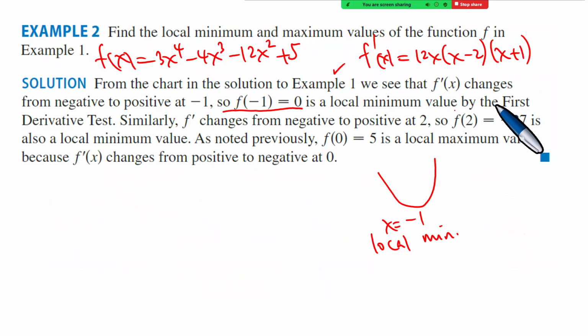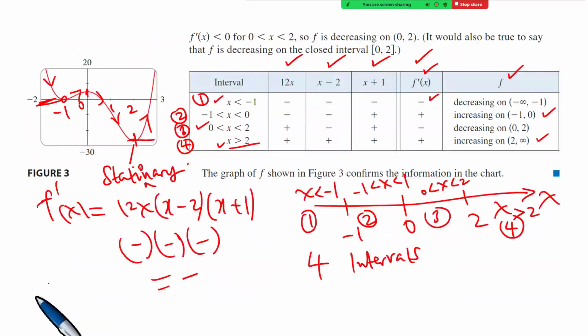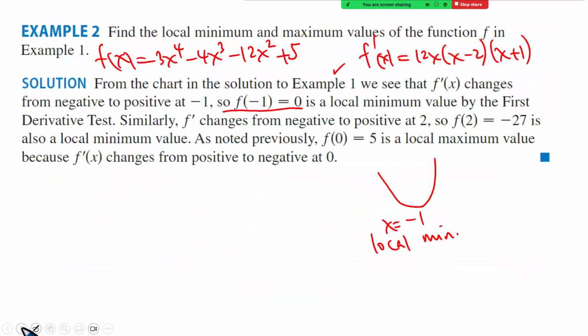Next, by the first derivative test, similarly, let's check another part of the graph here. Where else? At 0, positive then negative. As noted previously, f of 0 equals 5 is a local maximum value because f prime changes from positive to negative at 0.